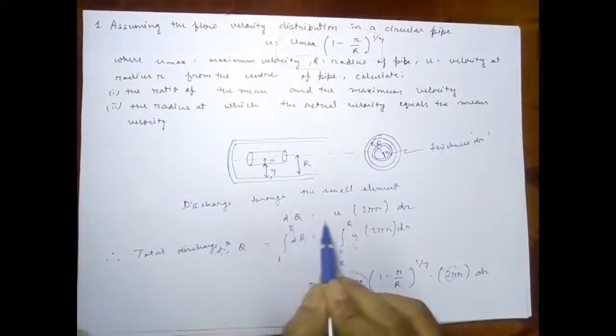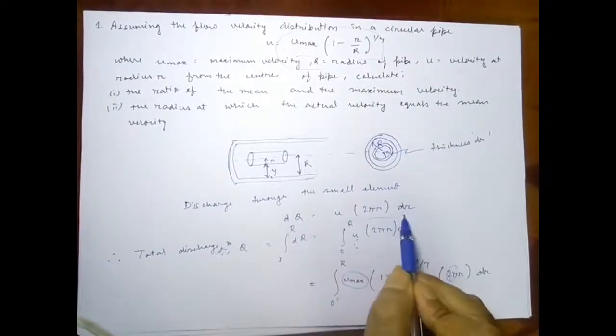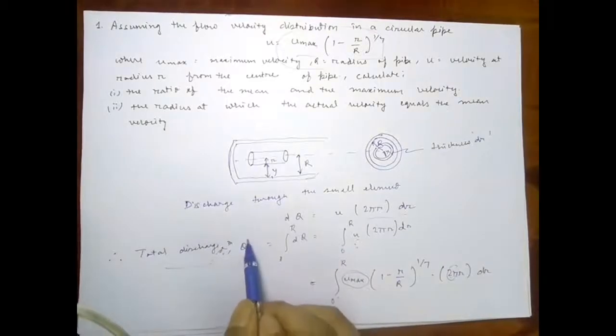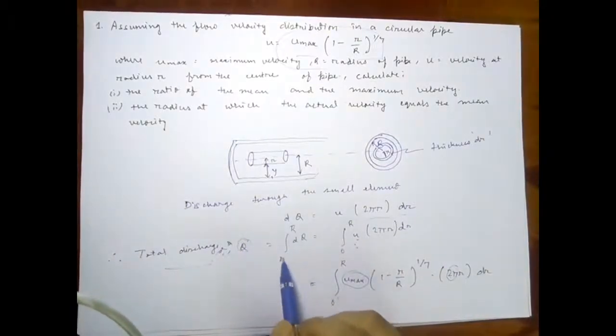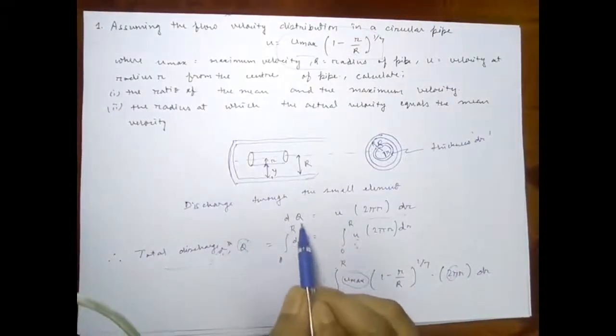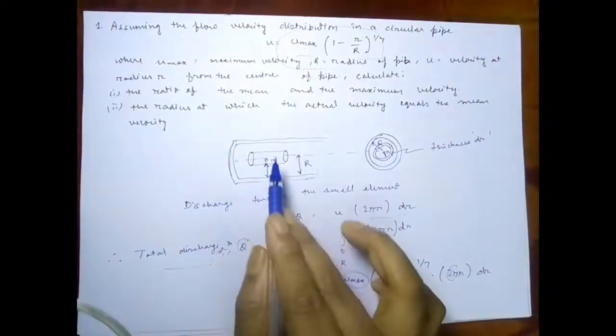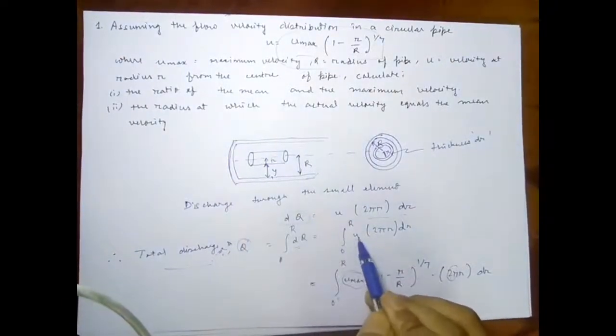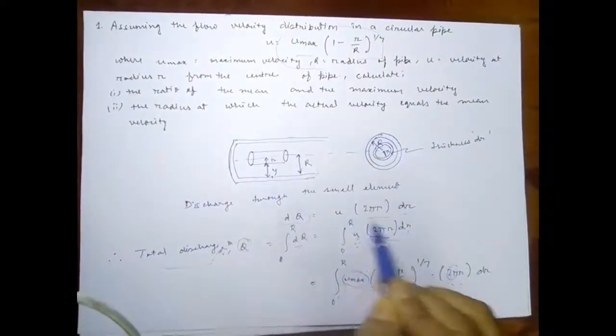So dq is equal to u times 2 pi r dr, and now integrate for the total discharge, that is capital Q, will be the integration from 0 to R of dq, that is we will integrate the discharge of the small element from 0 to R, and dq can be written as u 2 pi r dr, that is this.